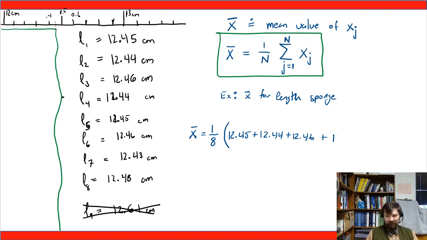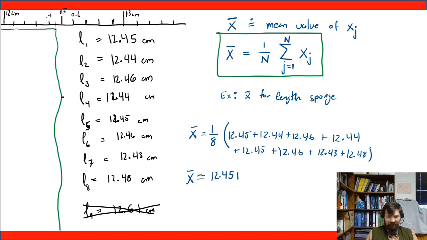So 12.44, 12.45, 12.46, 12.43, and 12.48. And what you're going to get when you average all those is 12.45, as it turns out, 125 centimeters.